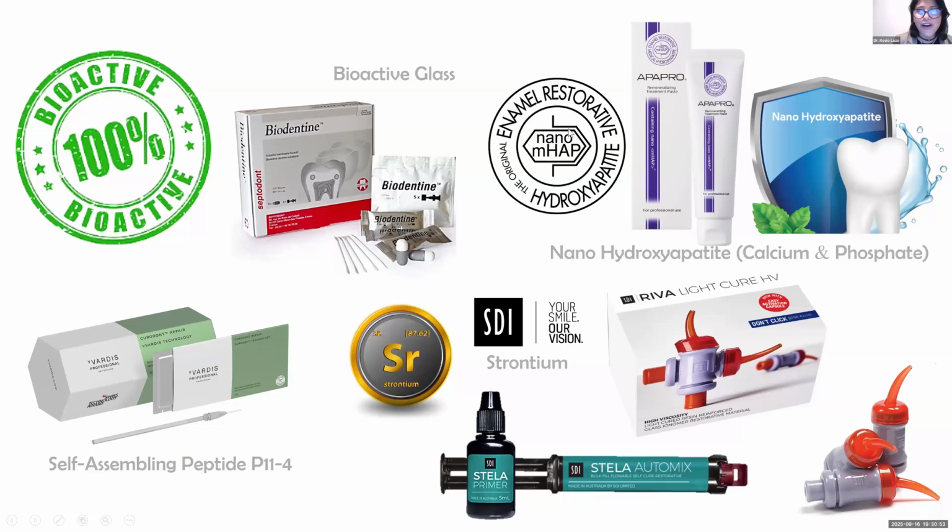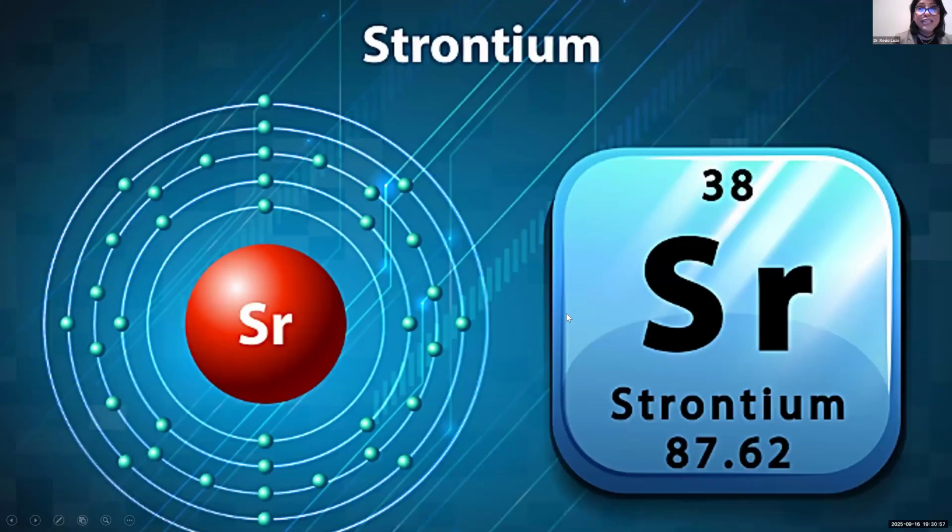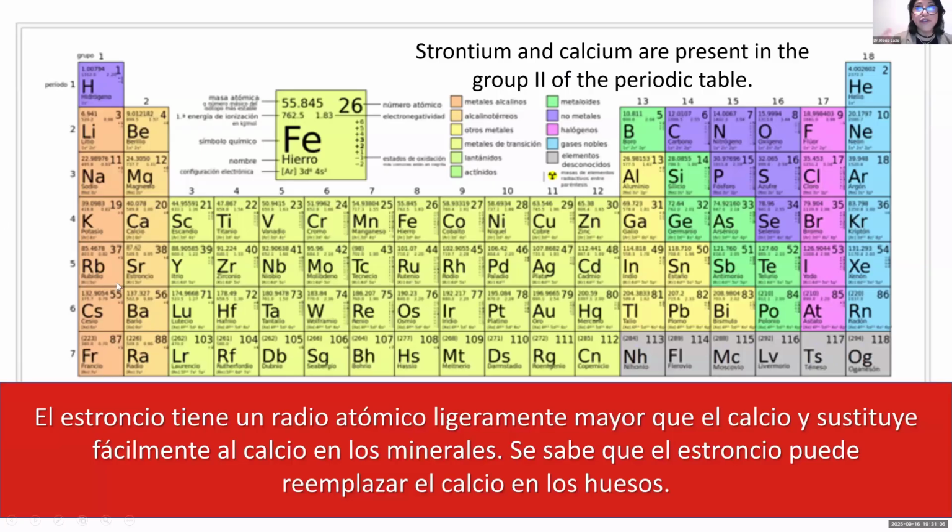So today, I will talk about restorative bioactive biomaterials rich in strontium. These kinds of materials are going to help you to regenerate because of the strontium. If you look at the strontium in the periodic table, look here. Okay, this is calcium, this is the strontium.